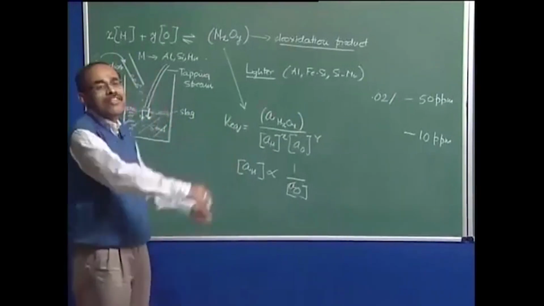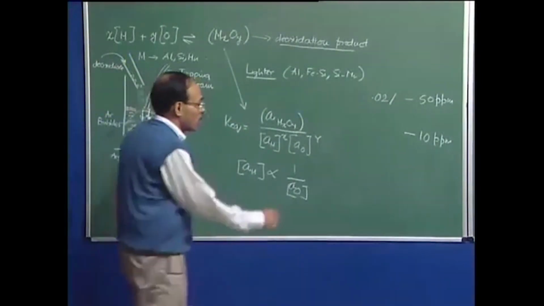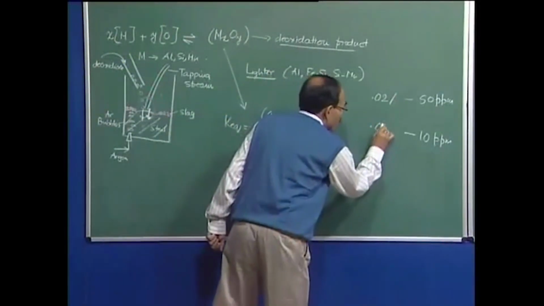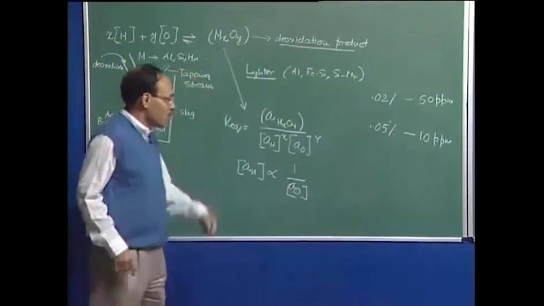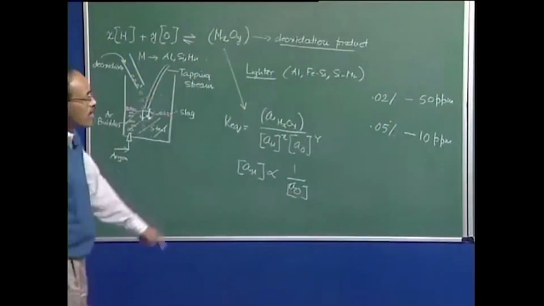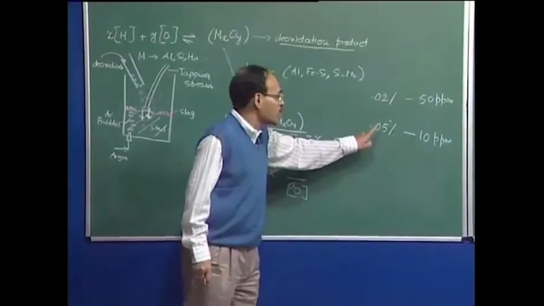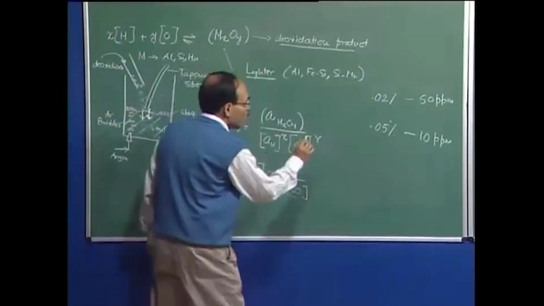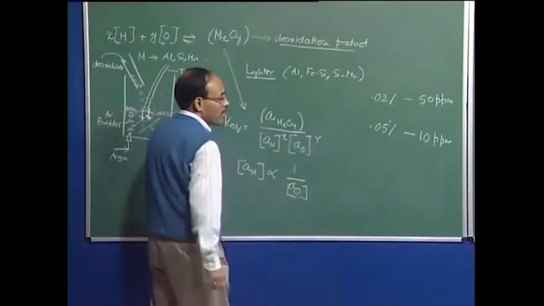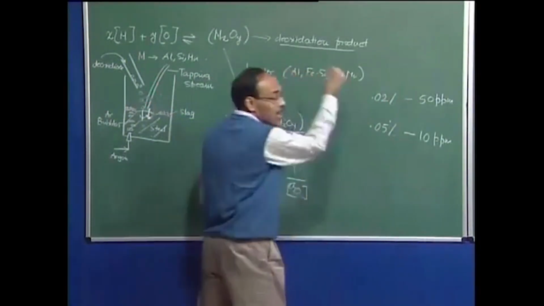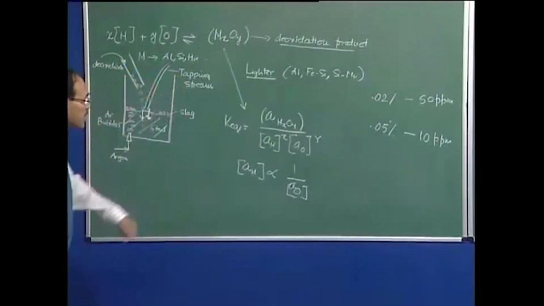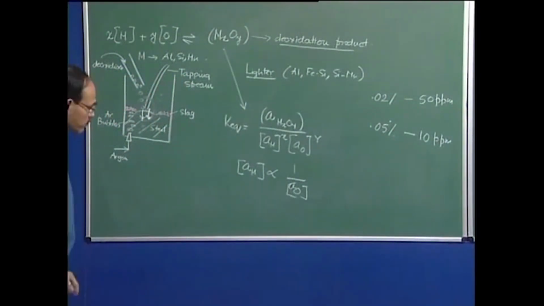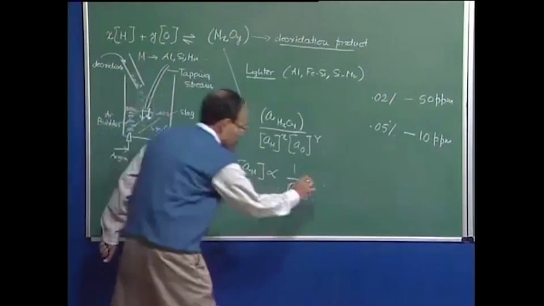The lower the concentration of oxygen you wish to achieve in the bath, so maybe, to show a realistic value, it will go up to this level. These are not exact values, you have to calculate it out, but I just want to show the trend that if one goes down, the other goes up, and this is a result of the deoxidation equilibria. So this is at a given temperature.